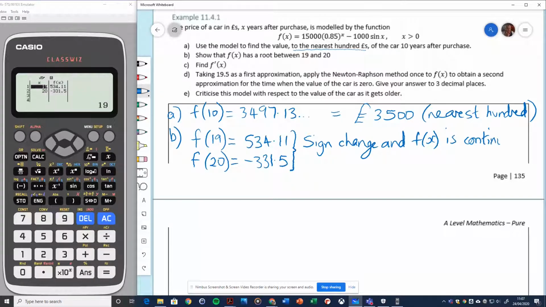In other words, it doesn't have any asymptotes between 19 and 20. In fact, this function won't have any asymptotes anywhere. There's no danger of dividing by x. When I say no asymptotes, I mean no vertical asymptotes or vertical discontinuities. So yes, it will be continuous. So we've got a sign change and it's continuous. Therefore, there is a root between 19 and 20.